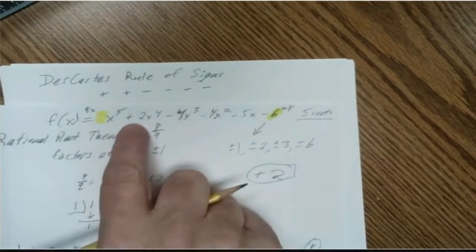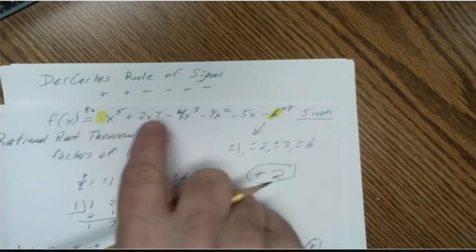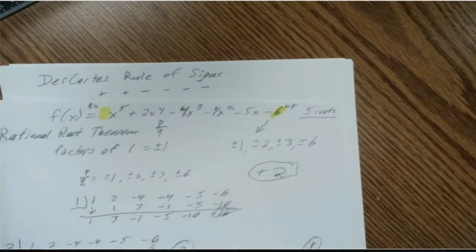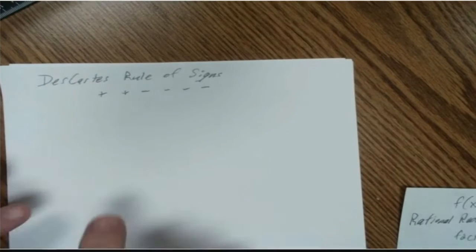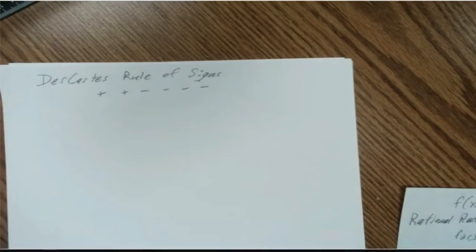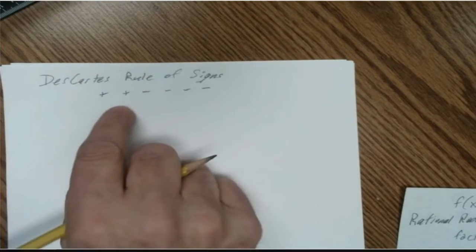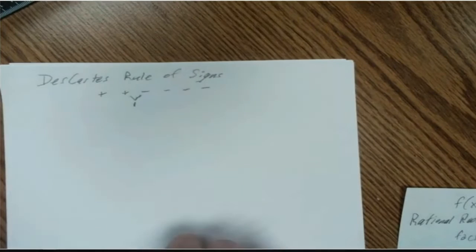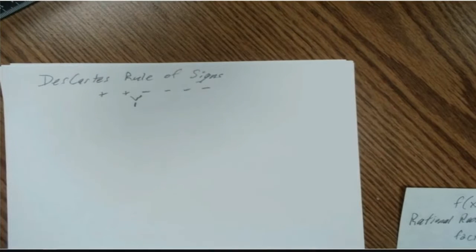That's just taking the signs: a positive, a positive, a negative, a negative, a negative, and a negative. Descartes says, how many times did this change? Started as a positive. Oh, there's a change. Changed once, from a positive to a negative. But it never changed again.